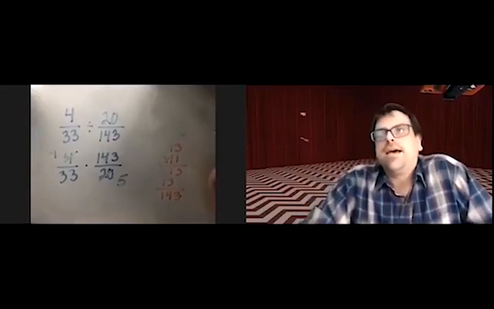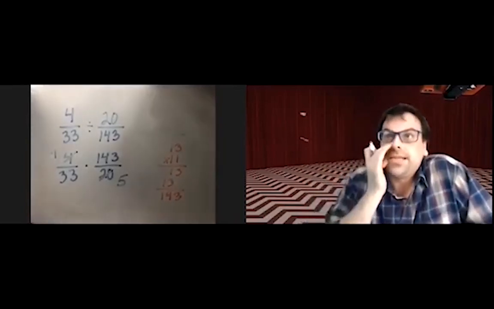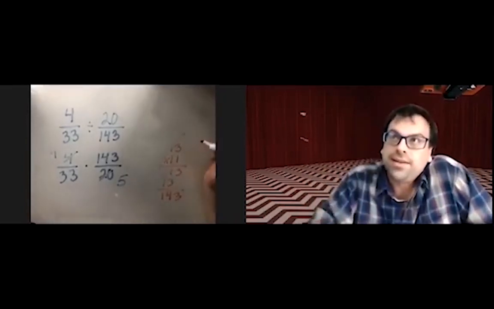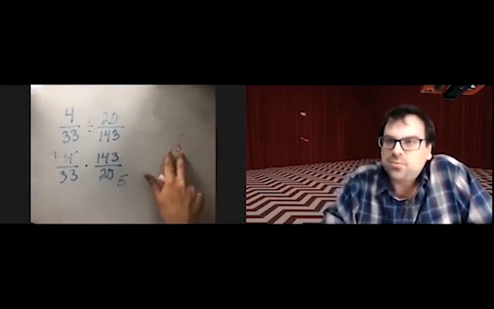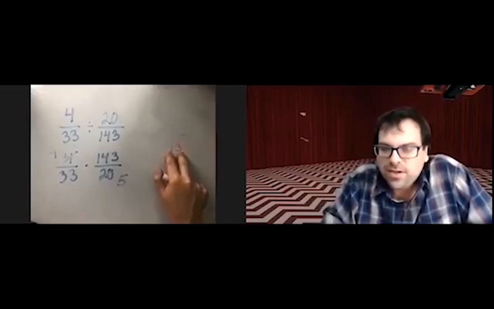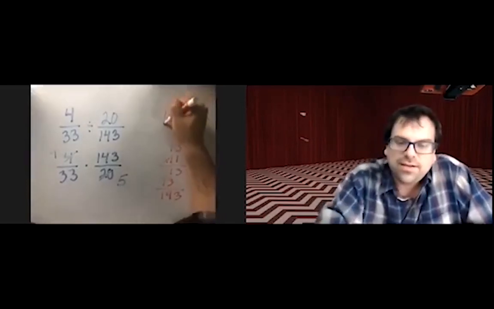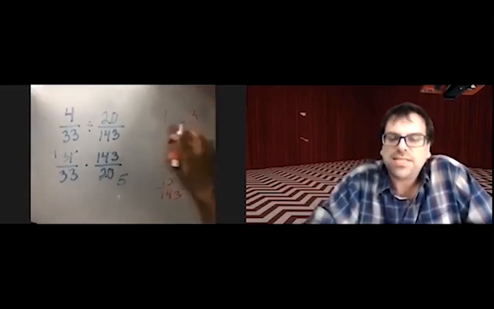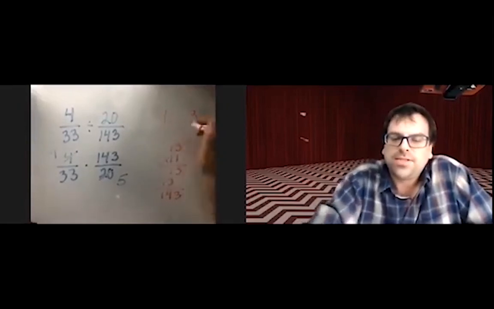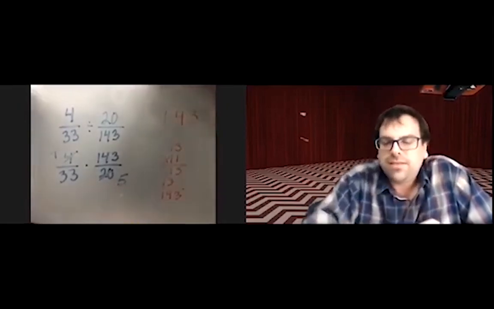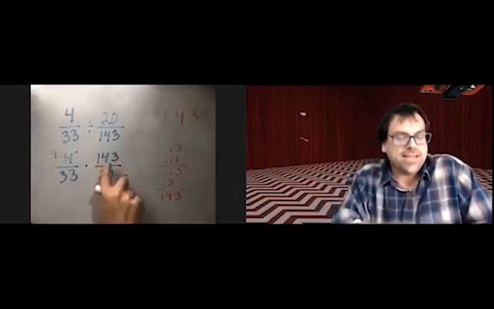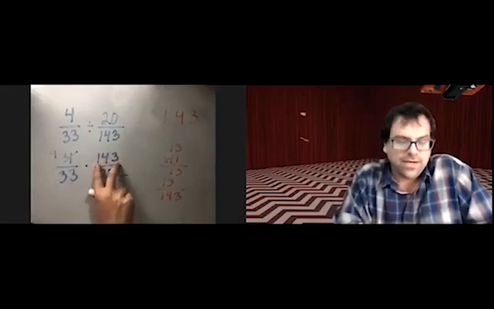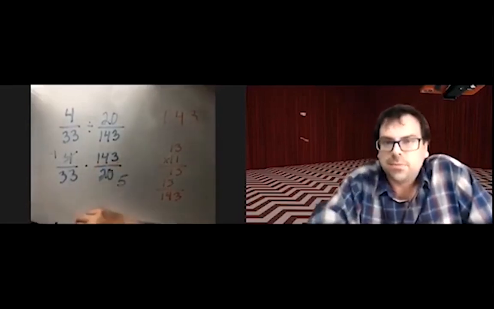How did I recognize that? There's a divisibility test for 11. Anything times 11, you actually add the digits together. 1 plus 3 is 4, and stick it in between. So 11 times 13, 1 plus 3 is 4. 11 times 13 is 143. So I recognize that's a 4 in between 1 and 3. That makes this divisible by 11.